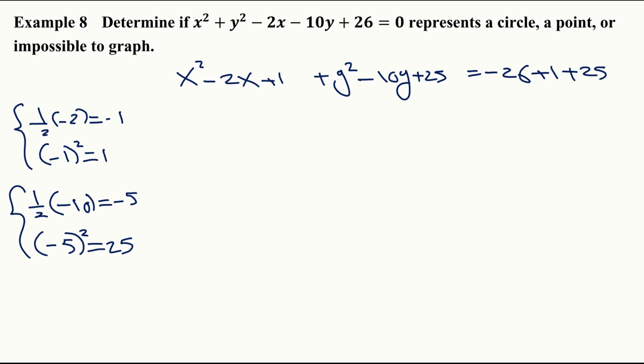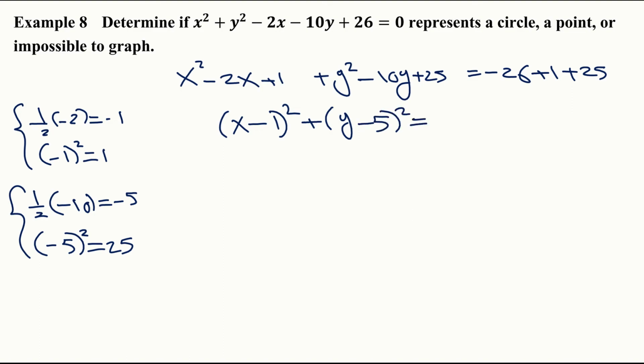All right, so now we have this perfect square trinomial, which is a perfect square of x minus 1, and this perfect square trinomial, which is the square of y minus 5.